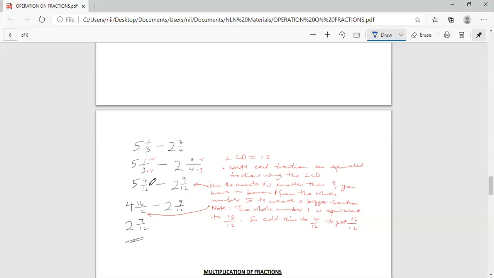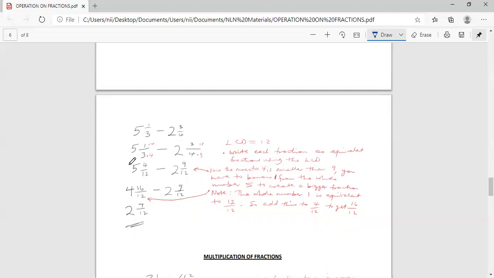Now let's do a subtraction. 4 minus 9. This is impossible because you're going to get a negative number, right? We don't want that here because we can borrow from this whole number to create a bigger fraction. So if I borrow 1 from the 5, I'll have 4 whole numbers left.